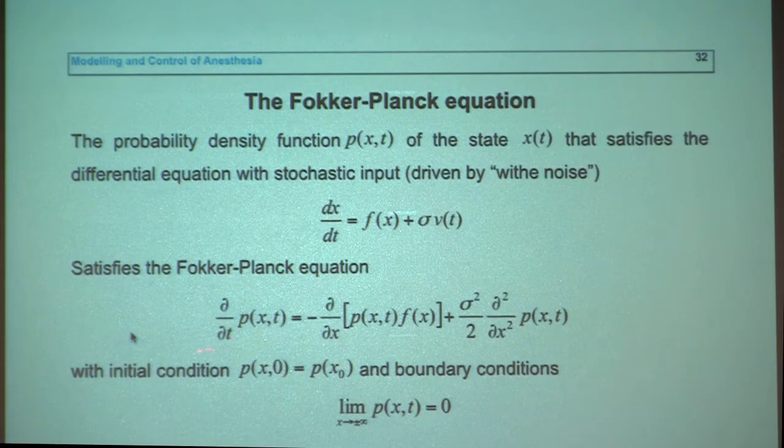With an initial condition, which is the probability density function of the initial condition, and also you ask that this PDF goes to 0 when X goes to plus or minus infinity. So you have also these boundary conditions. This is, in mathematical terms, a so-called Cauchy problem, in which you have an initial distribution and then time passes, and this is deformed because you have this Fokker-Planck equation that is changing the shape of the initial condition.